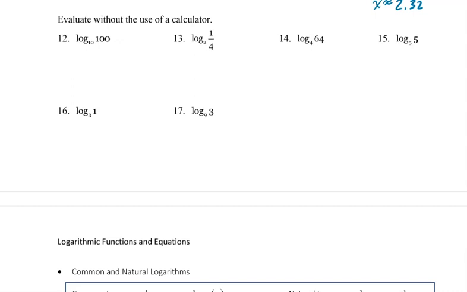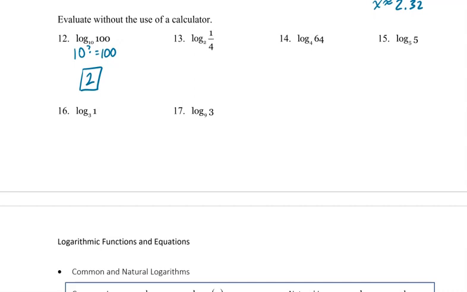So like for number 12, this is really asking 10 to what power equals 100? Well, 10 times 10 is 100, so that power would be 2. So the answer is 2, and it's just 2. We don't need the log anymore. It's not going to be log of 2 or anything like that. The answer is just 2 because we just want the exponent.